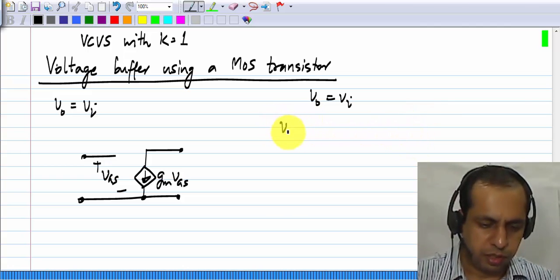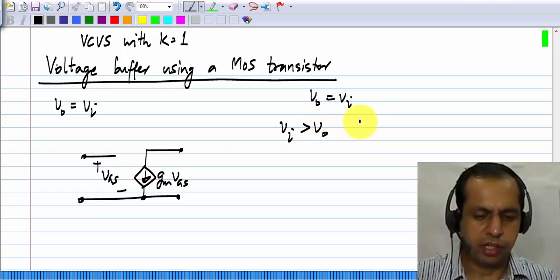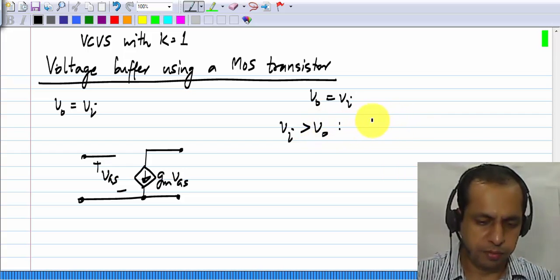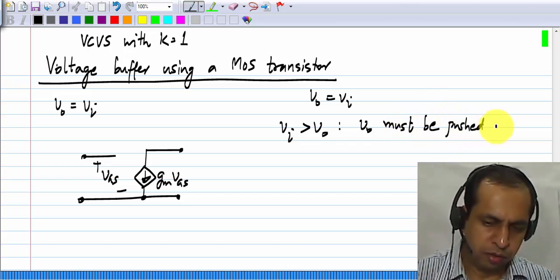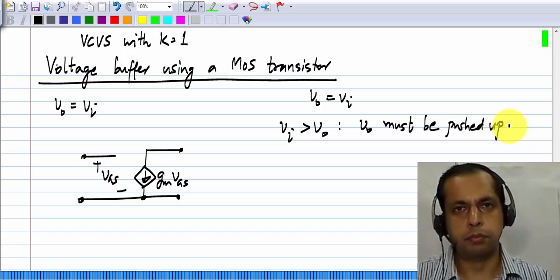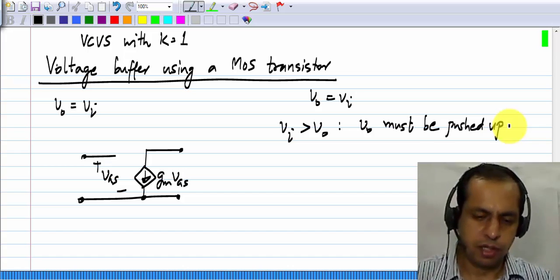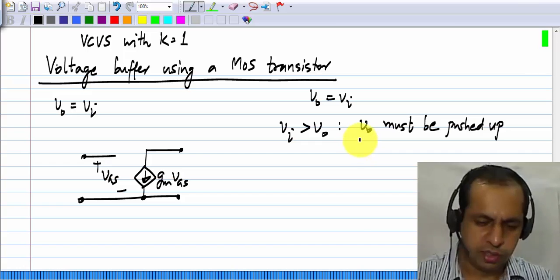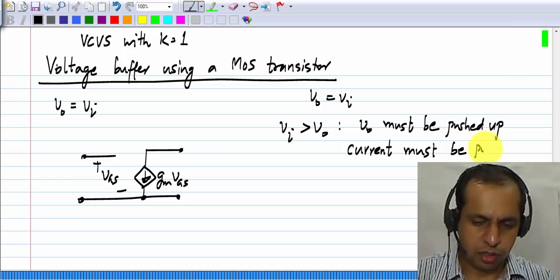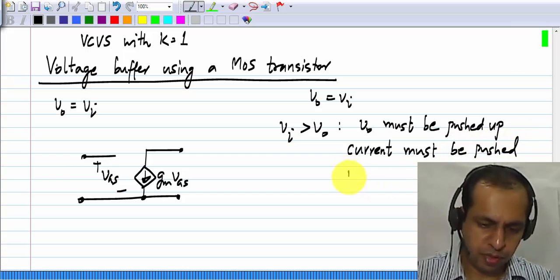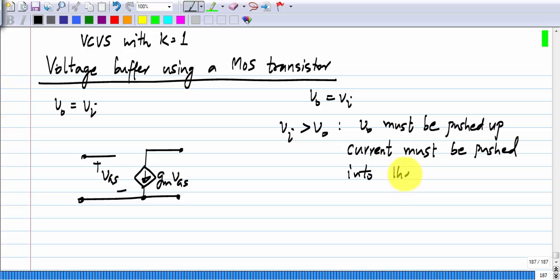Now if Vi is greater than V0, then V0 must be pushed up, it must be increased. And how do you do that? How do you increase a voltage? This means that current must be pushed into the output node.